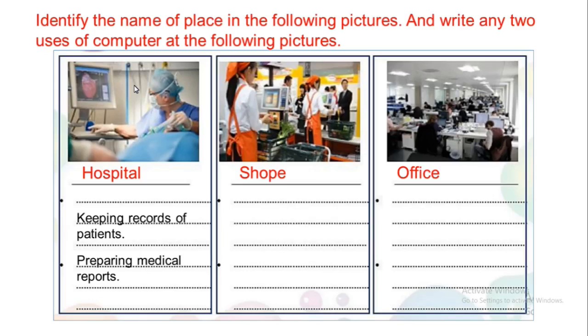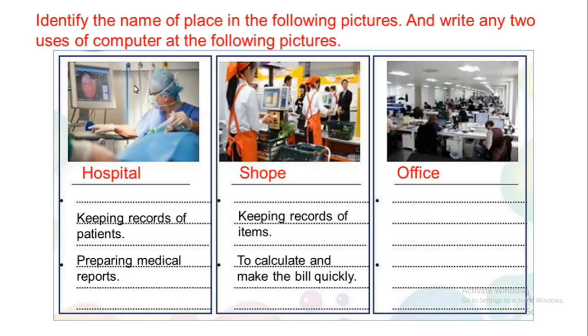In shop, keeping records of items, which are the commodities, which are the items that are there, its records. Then to calculate and make the bill quickly, to give the bill quickly.